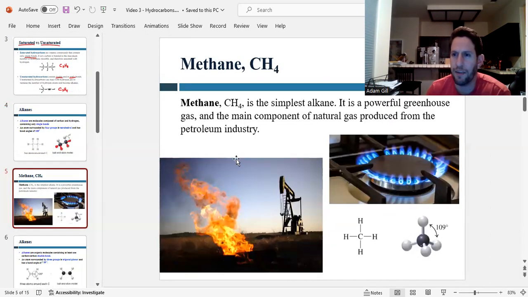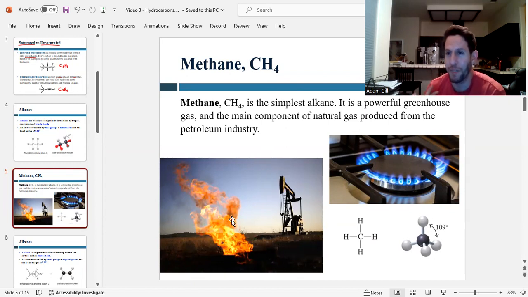Now, the simplest alkane is known as methane. It's just CH4, single carbon. It's a really powerful greenhouse gas, and it's the main component of natural gas that we get from the petroleum industry. So when they drill for oil, methane naturally boils up, and usually they actually have a flame burning the excess methane that just comes up out of the ground.